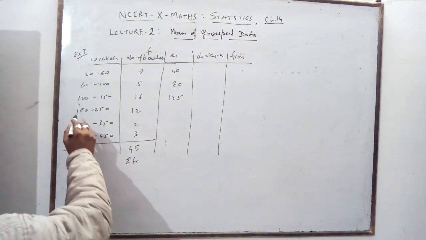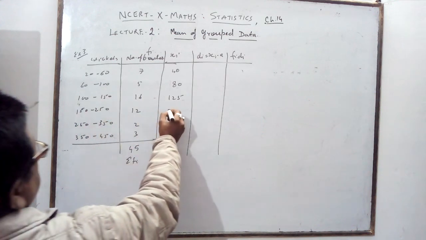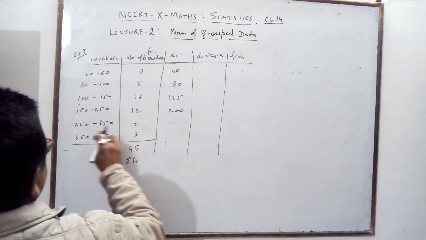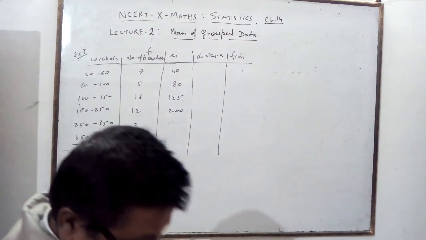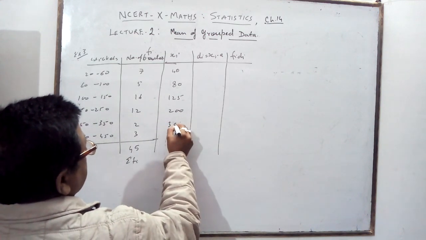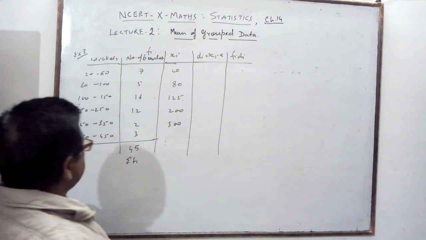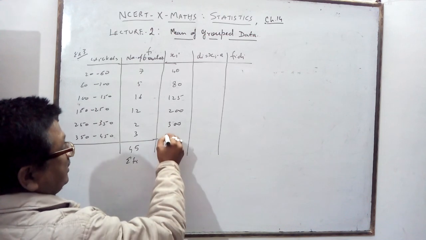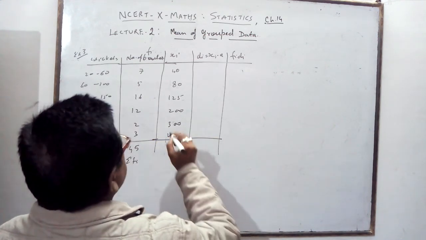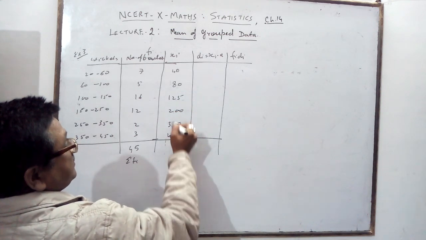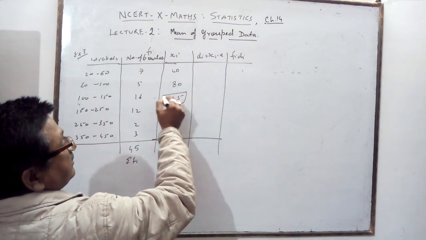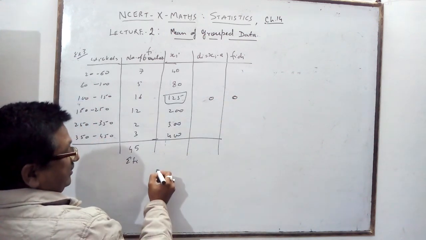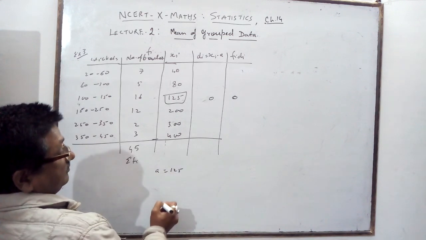Then 400, here you will get 200. 600, and then you will get 300. 800, in this you will get 400. Out of these six, any one you can take as a. What is the a? a is equal to 125.